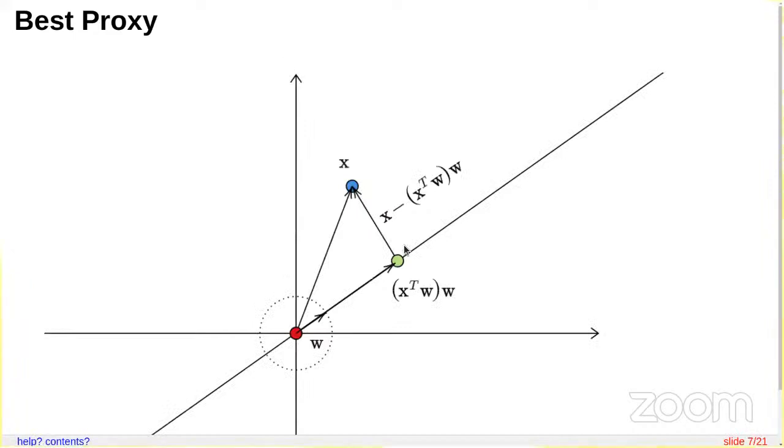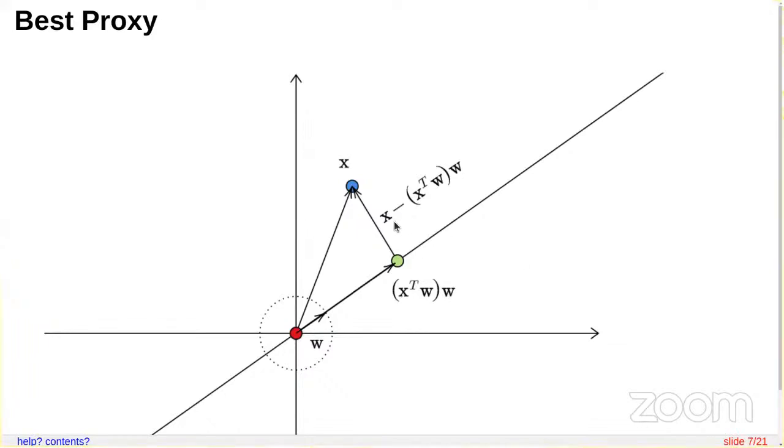This image you should always remember. Given a point x, the data point, and given a line w, where w is the unit vector in this direction. This circle is the unit circle and w is the unit vector. The projection of the point x on the line is x transpose w, w.